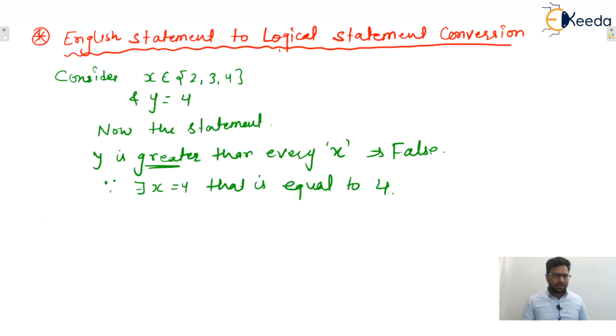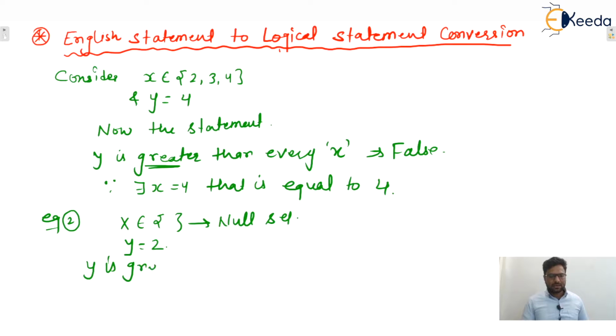Now let us consider one more example. Let's say x belongs to the null set, and y equals 2. Now consider the statement: y is greater than every x. This statement is true. Why?